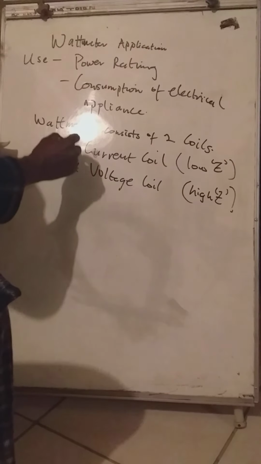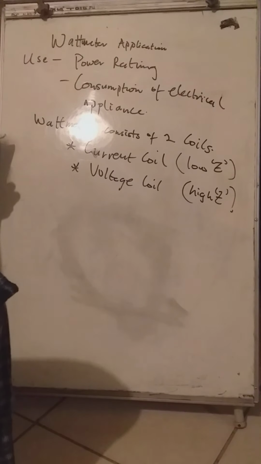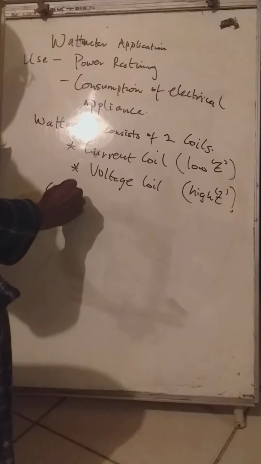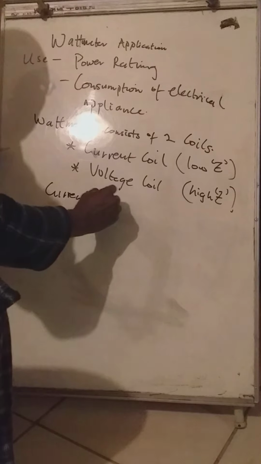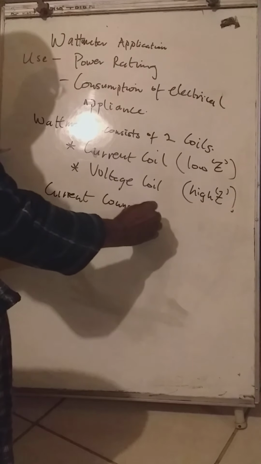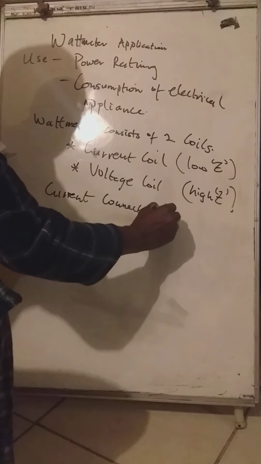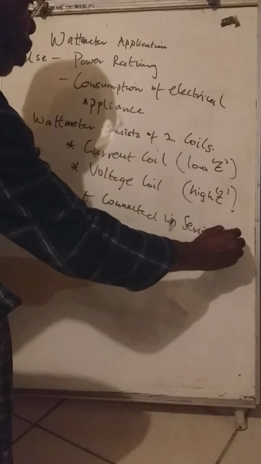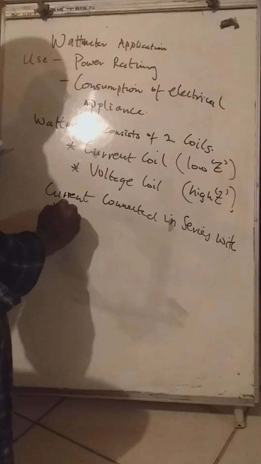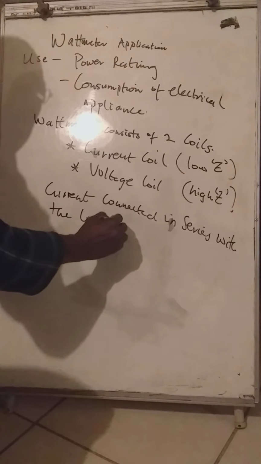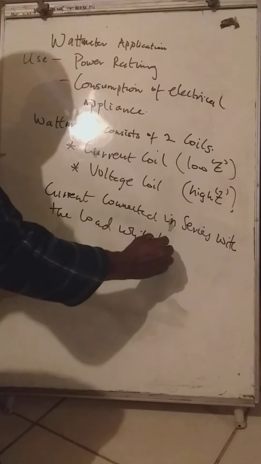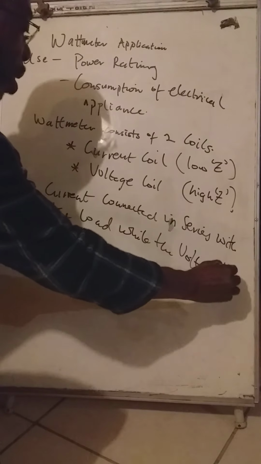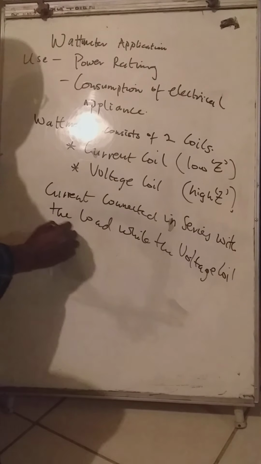The current coil is connected in series with the load, while the voltage coil is connected across the load.